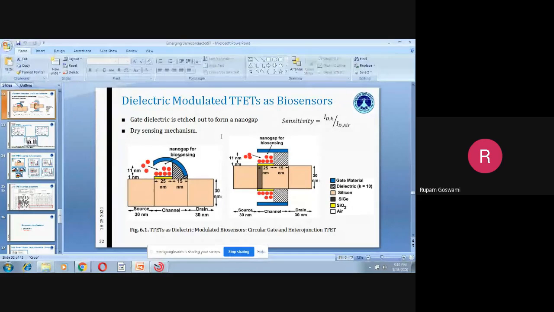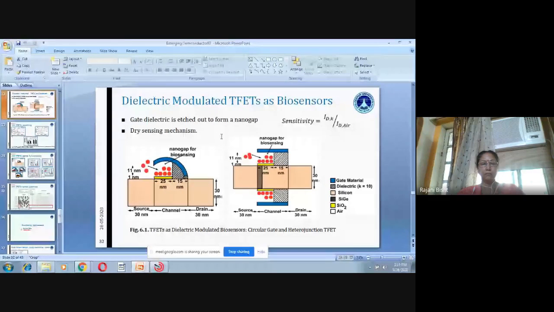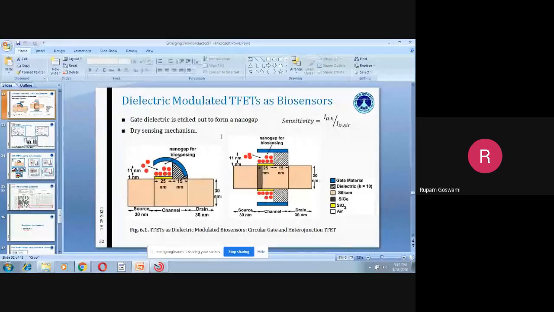And another question by Avishek Singh: what are the factors affecting ambipolar current? How can we reduce it? As we have already discussed in the TFETs, the first factor affecting ambipolar current is your drain doping concentration. If your drain doping concentration is very high, the channel-drain junction will be very steep, and as a result it will lead to more ambipolar current.